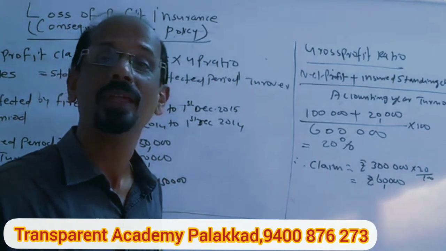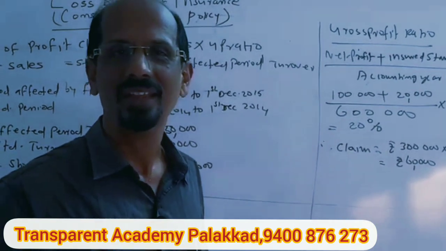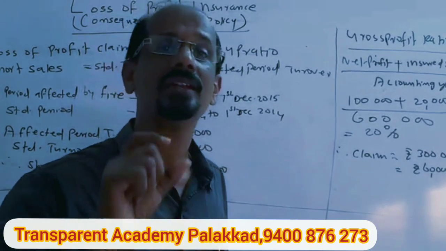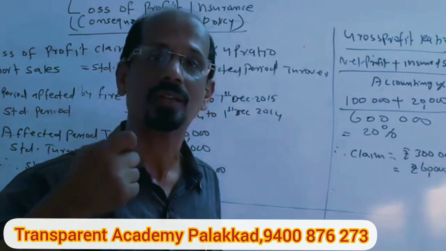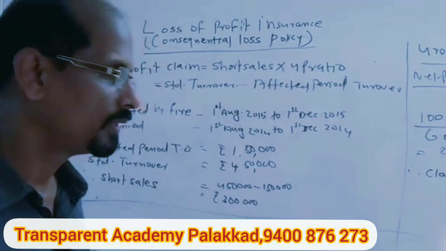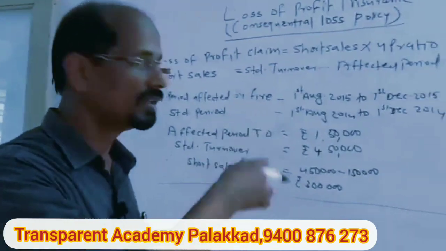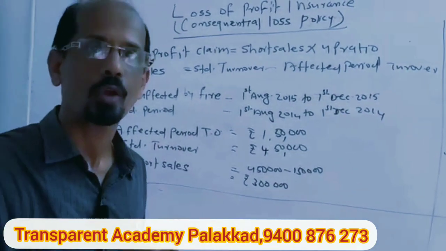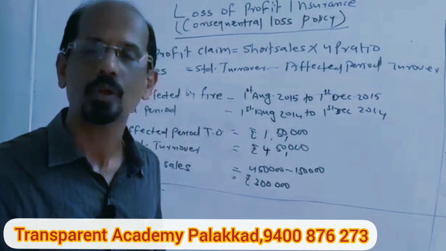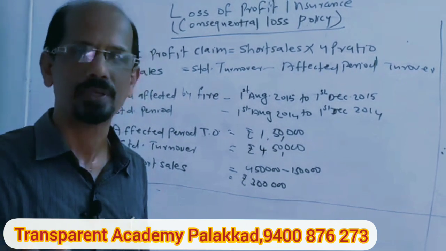Sometimes there will be an increase or decrease in trend in this year. In that case, when you calculate the short sales, the standard turnover must be increased or decreased to that extent. I will give you an example. Suppose there is an increase in trend. If the normal business had been conducted properly, if there had been no fire, naturally there would be an increase of 20%, suppose.